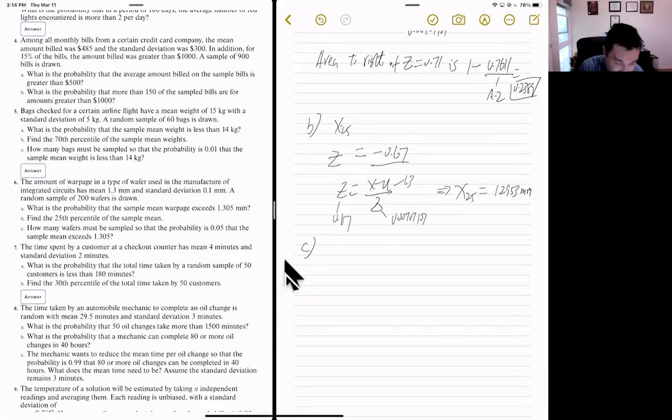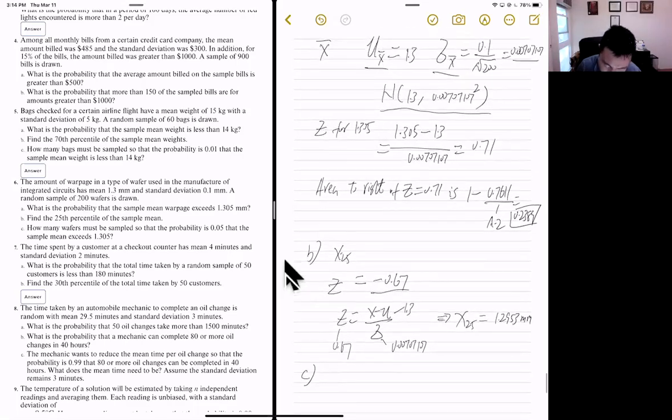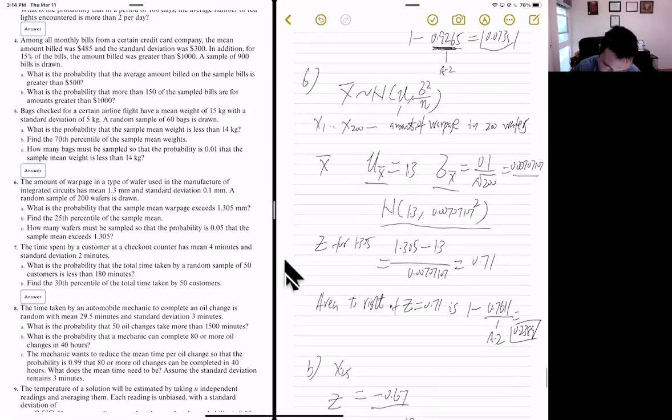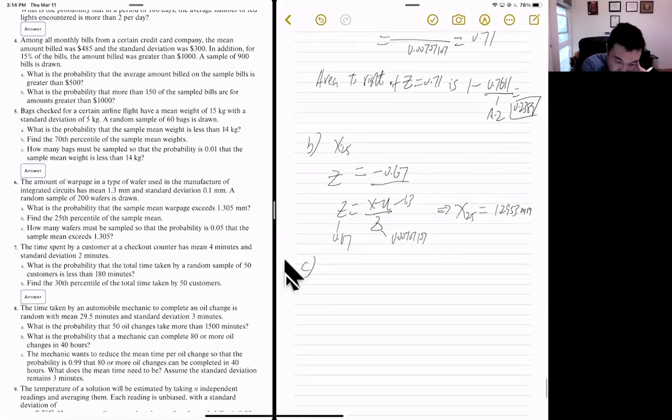It is asking what the sample size is. So n is the sample size, and we know x, the mean value, follows a normal distribution.